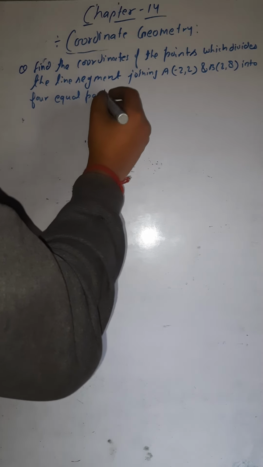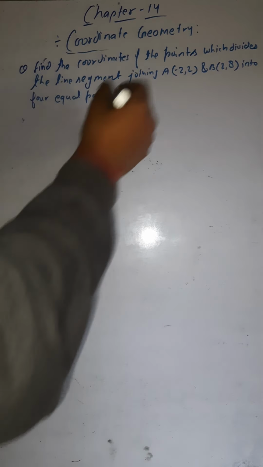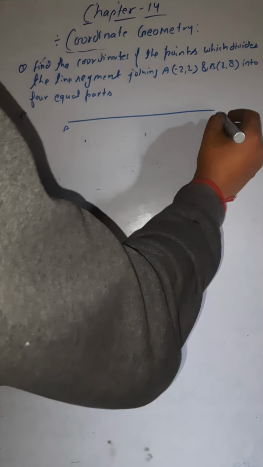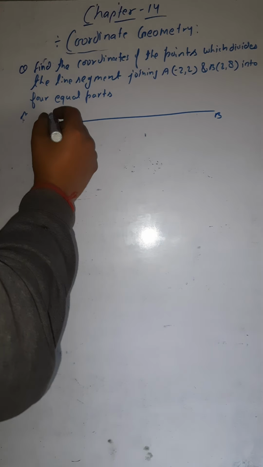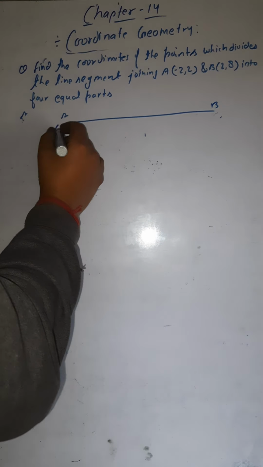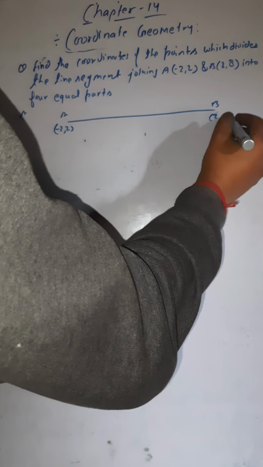Four equal parts means you have some points on the line segment AB. Let's say this is the line segment AB, with A as (-2, 2) and B as (2, 8).